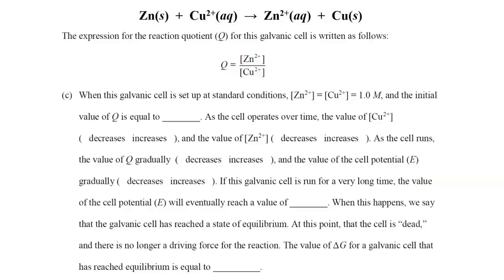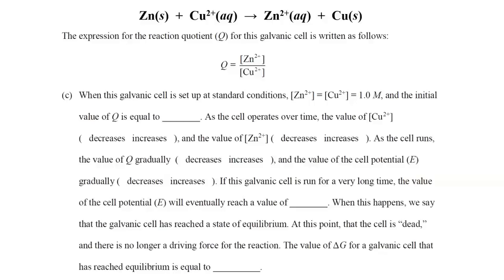Remember that with equilibrium constants, it's normally products over reactants, and we do not include solids in the expression. So Q is the concentration of the zinc ions, which are a product, divided by the concentration of the copper ions, which are a reactant. The solid zinc and solid copper do not appear in the reaction quotient.